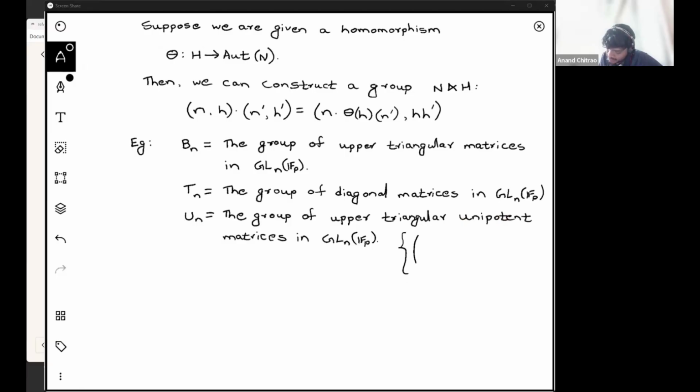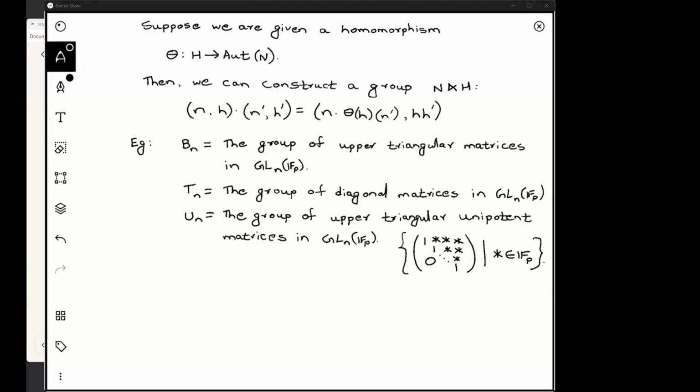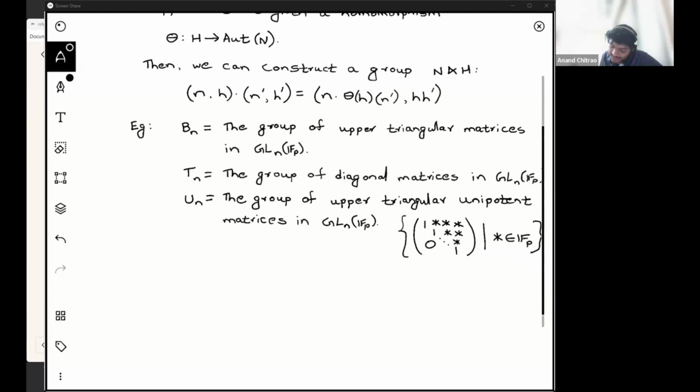It's the set of all matrices of this form: ones on the diagonal, anything in the upper half of the matrix, and zeros in the bottom half. Is this okay?